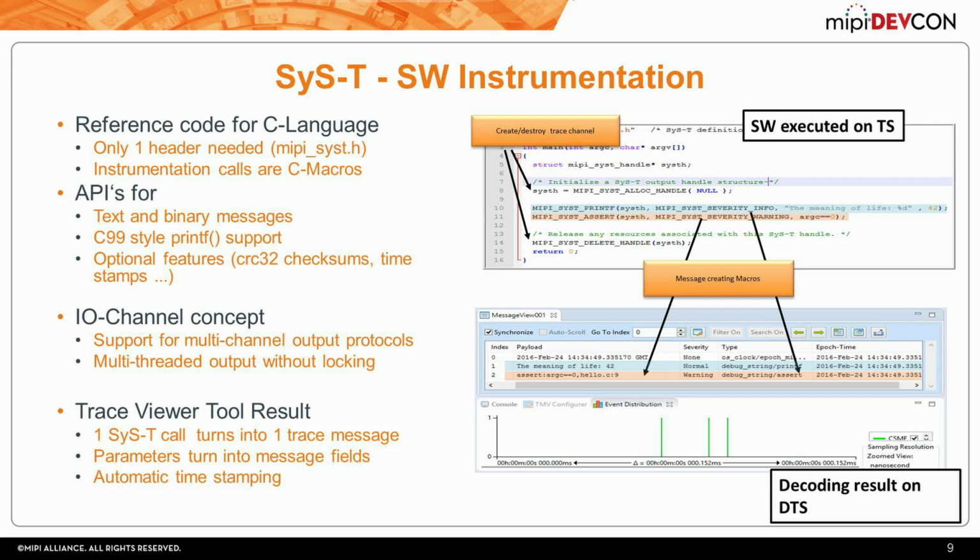Another important aspect is that SyS-T has an I/O channel concept, so you can create multiple I/O connections to the SyS-T implementation, and the specification ensures that you can use them lock-free in a multi-threaded application if the different threads write to different I/O channels, so as to avoid locking overhead in the debug instrumentation.